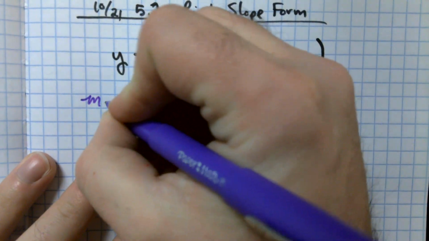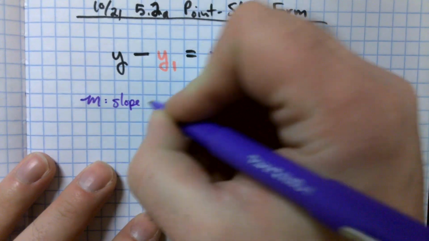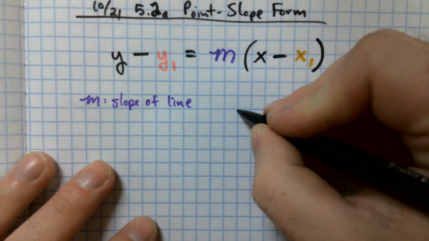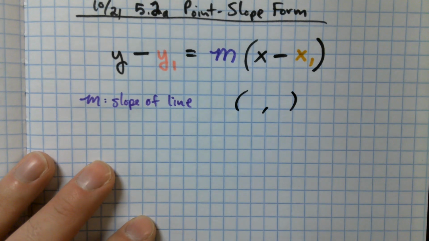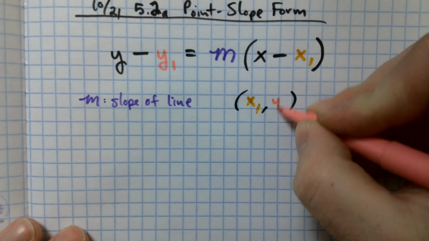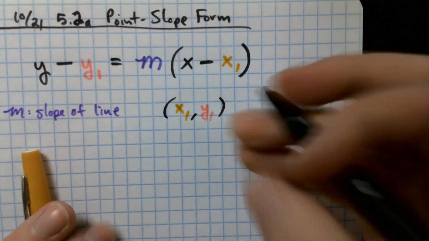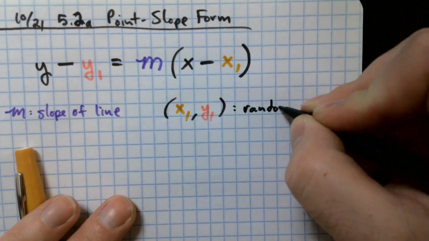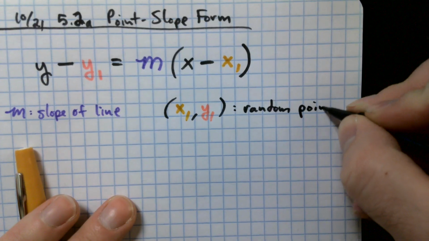We know that m is the slope of the line. And the coordinate pair x1, y1 is a random point on the line.